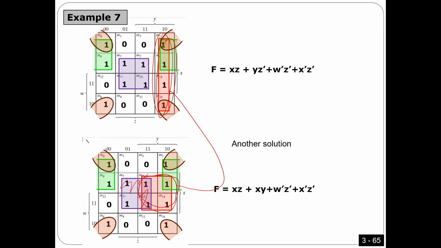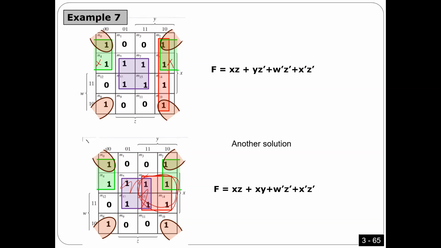Because if I want to cover these 2, I can take 4 this way, or I can take 4 this way. So if you do that, what is left now? What is left is this one here and this one here. I didn't cover them yet.